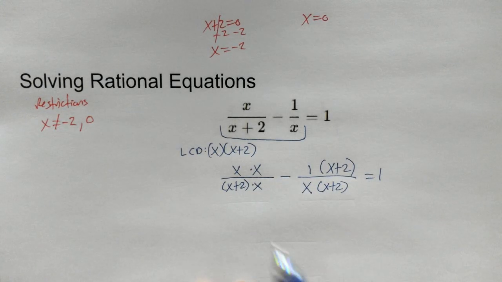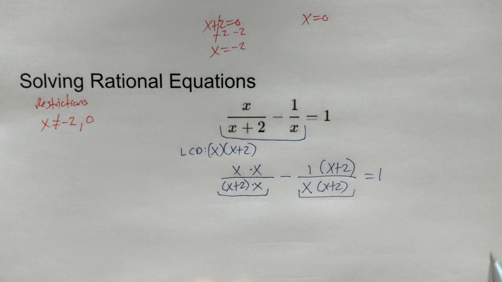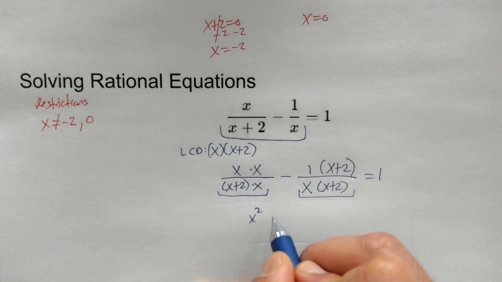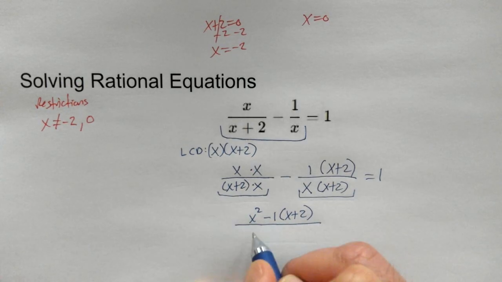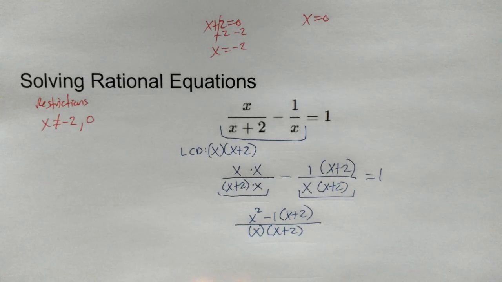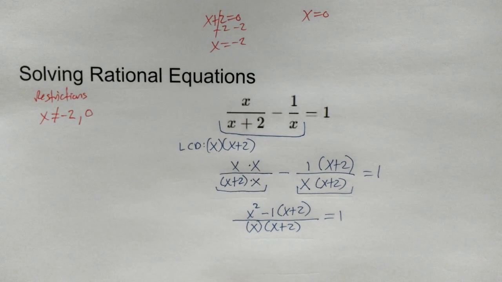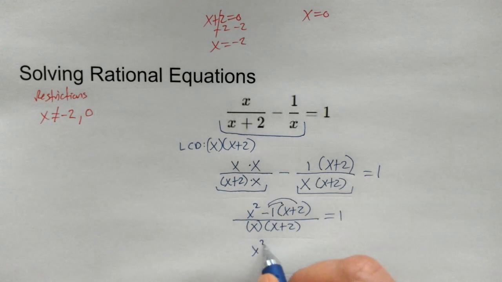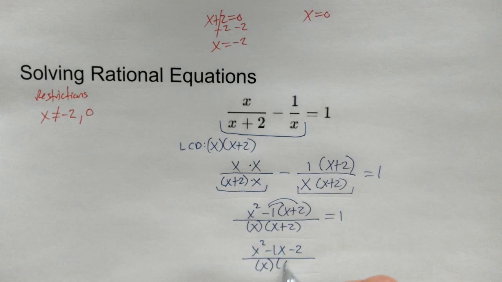Right? Now that they have a common denominator, I can merge these two fractions together. x times x is x squared minus all of that, minus 1 times x plus 2. I can now merge the two equations. And all of that should equal 1. I can still simplify by using the distributive property, x squared minus 1x minus 2, all divided by x times x plus 2.